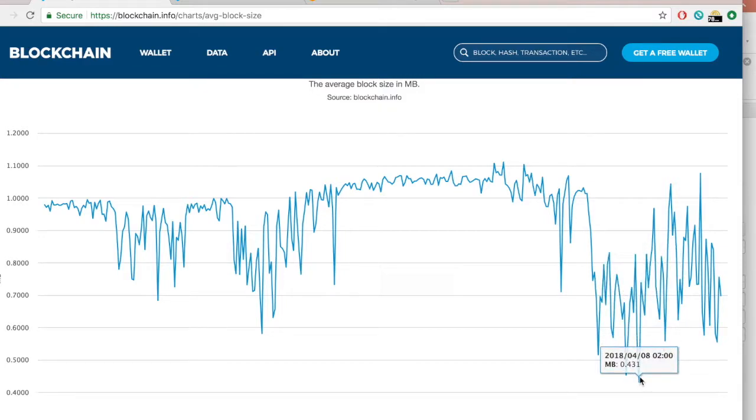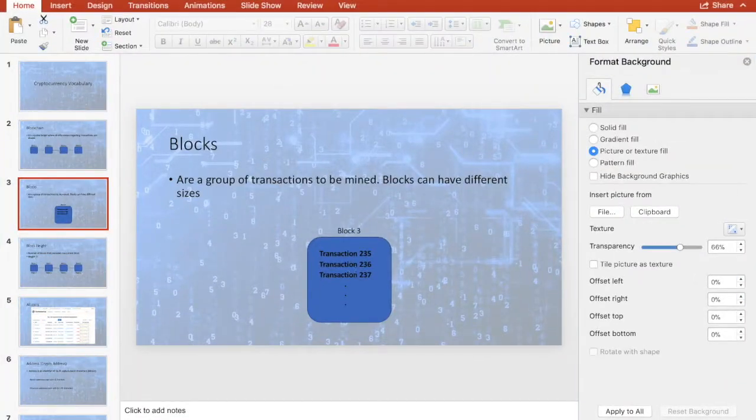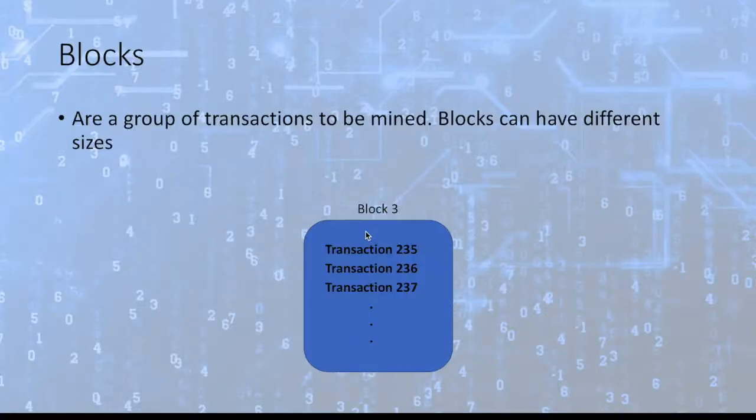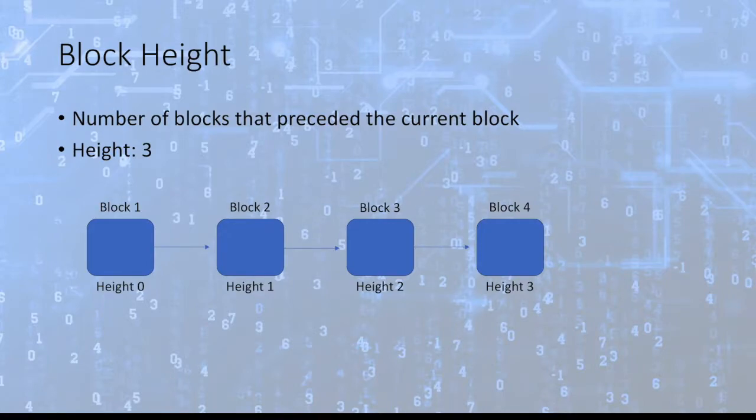You can see that the block size varies from half a megabyte to almost a megabyte or over a megabyte. What this means is just how many transactions are getting added to one block. The more transactions are added to one block, and the more information that block has, the higher the size of that block.